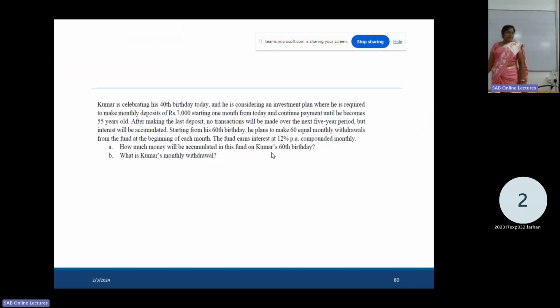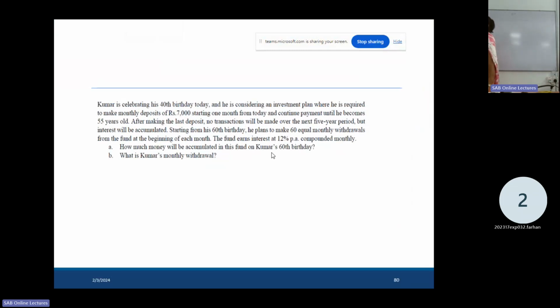He continues payment until he becomes 55 years old. So now this is his 40th birthday. Then he continues this up to 55 years old. So how many months? From 40 to 55, how many years? 15 years.